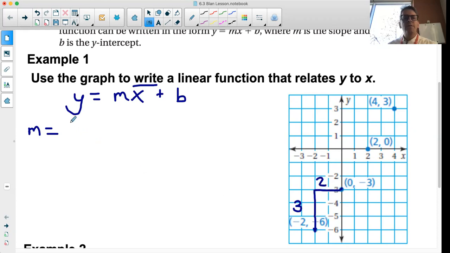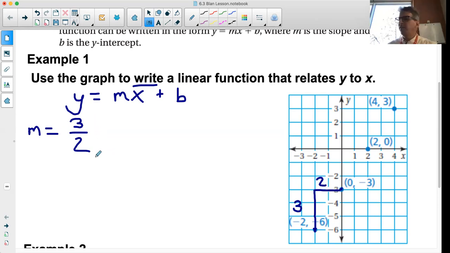So our slope in this case is going to be 3 over 2, and it's going to be positive. You can see this line goes uphill from left to right. Now you could look at the change in y, in this case -6 minus -3, which would be -3, over the change in x, which would be -2, and that would be the same, 3 over 2.